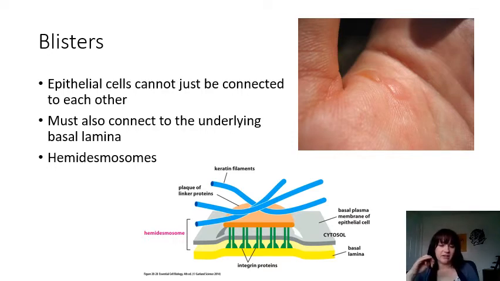And here we can see that rather than using cadherin proteins, it is using integrin proteins to span the cell membrane. And we know that integrin proteins are great for helping cells to interact with the extracellular matrix, particularly collagen. So integrins are commonly found as the adhesion protein in a hemidesmosome, and these hemidesmosomes allow epithelial cells to attach to the basal lamina.